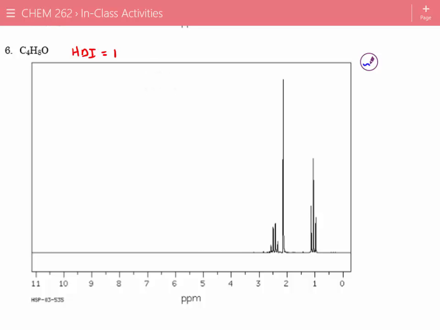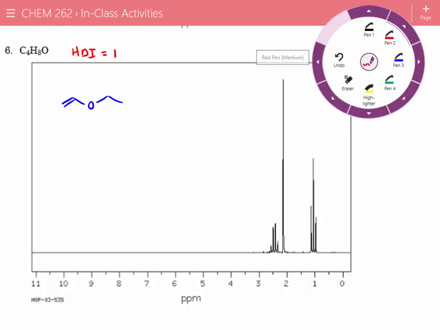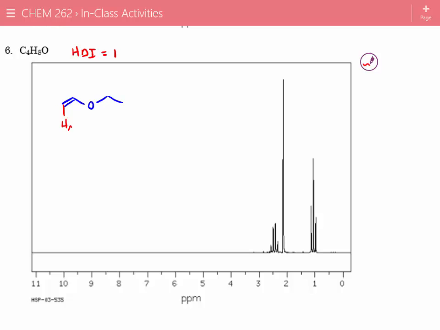Let's say we have, I don't know, some crazy looking ether. That would be C2. What if we have an ether like that? Well, if we had an ether like this, how many signals would we expect? Well, in fact, we would have a signal for HA.